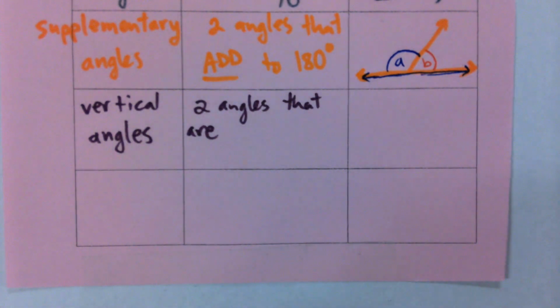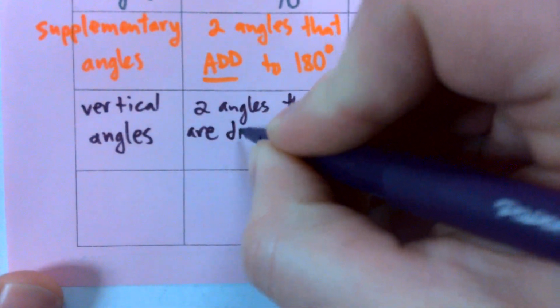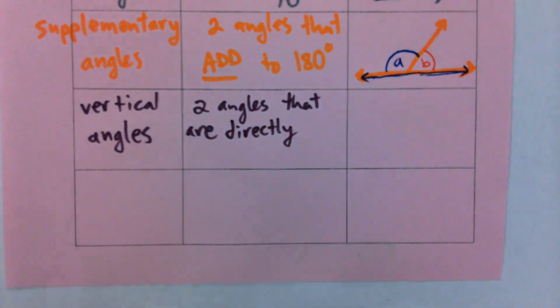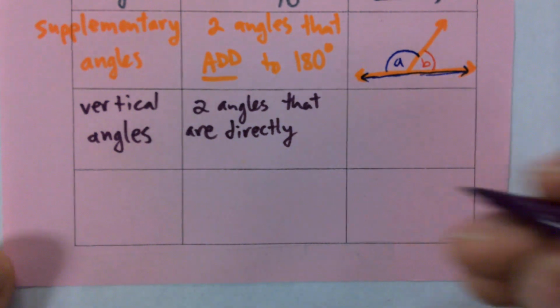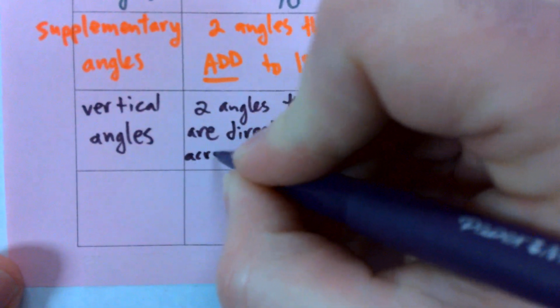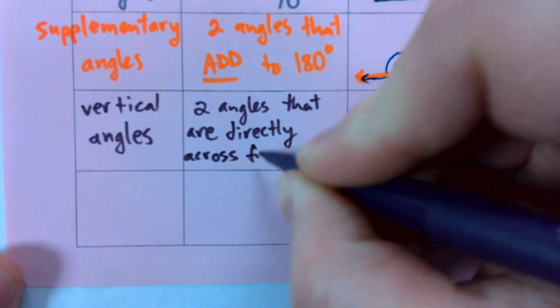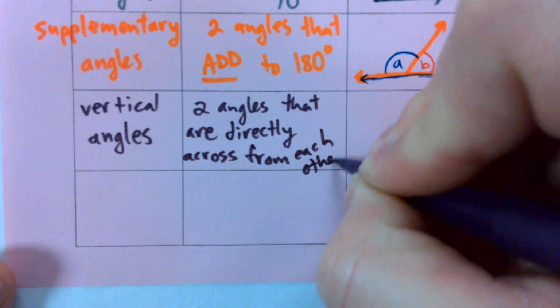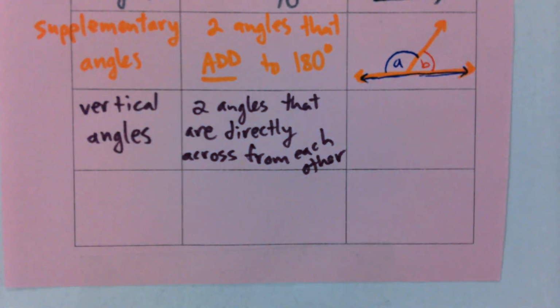So vertical angles are two angles that are, this isn't necessarily the most specific math language, but I want you guys to understand what I'm talking about. These are two angles that are directly across from each other.